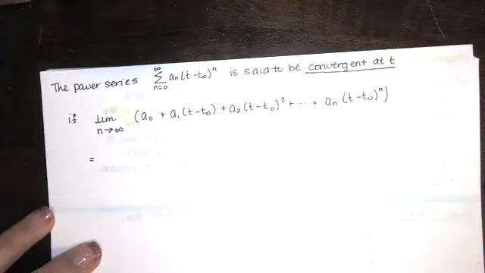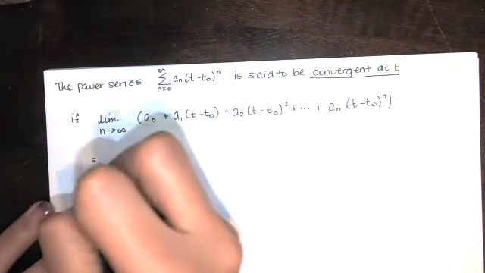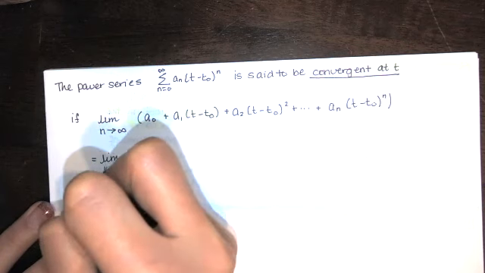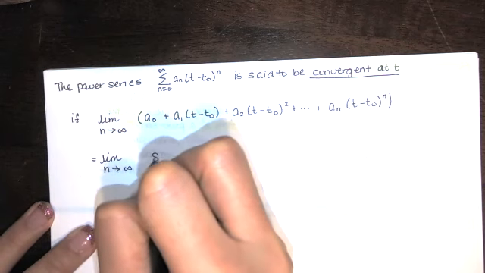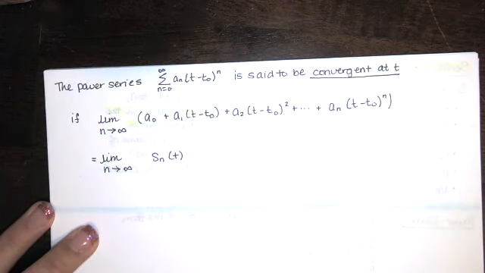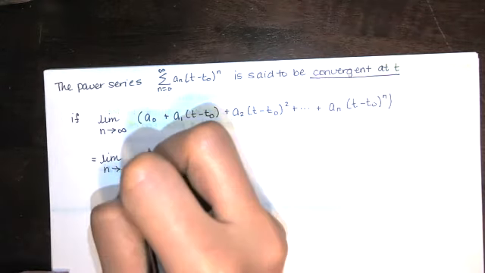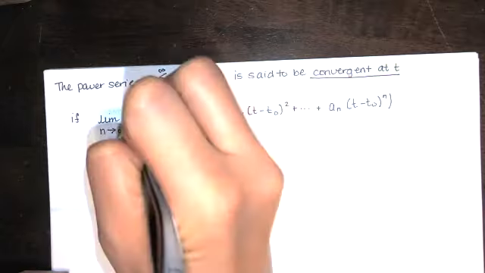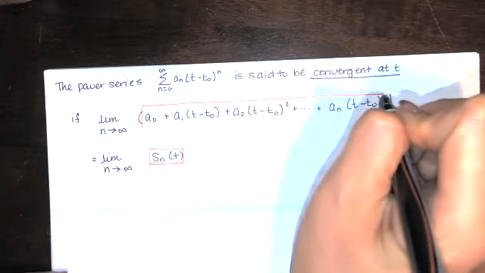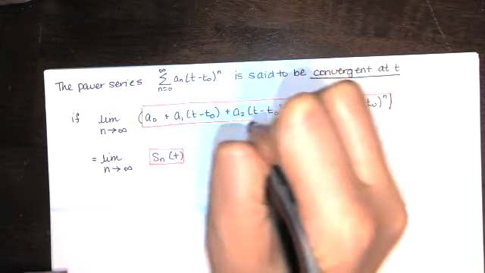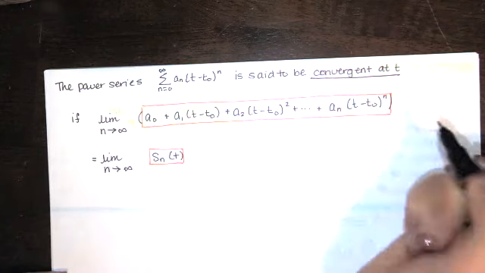Now, this is typically denoted by s sub n. We'll call it s sub n of t. This is called the nth partial sum of the series. So it's like a truncated power series.